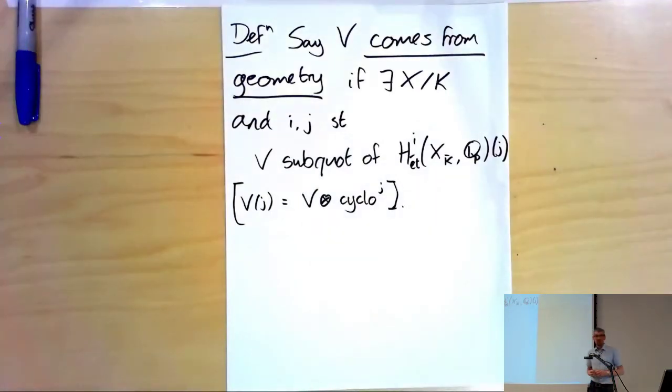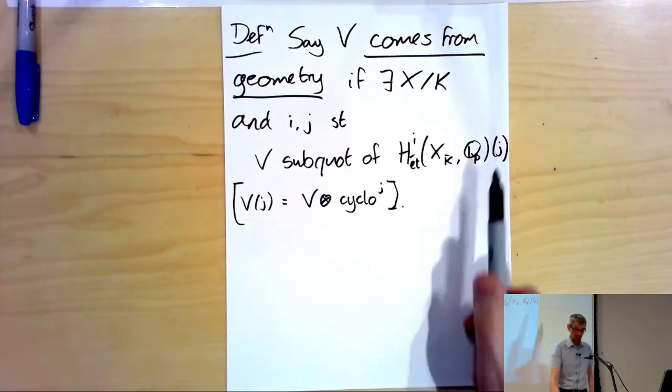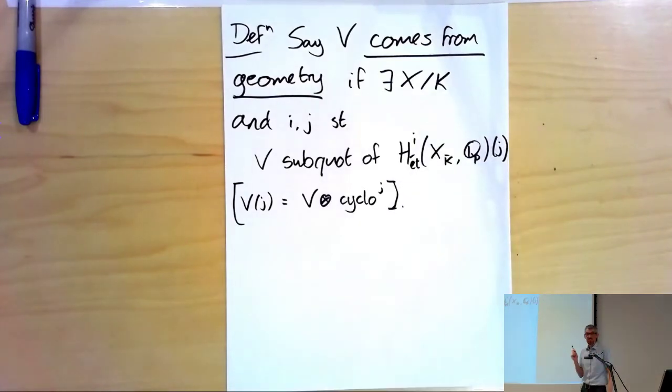So all of my examples above come from geometry. I mean, one of them was the definition of coming from geometry. The cyclotomic character I've somehow built in by having this twist j, but in fact, Tate modules also come from geometry in this sense.